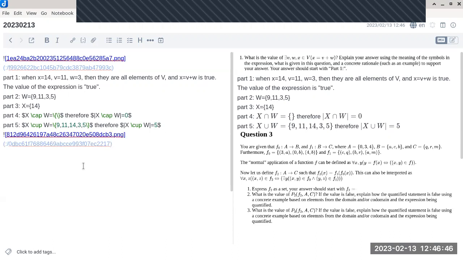So for part 1, f2 is going to be: 0 maps to B, B maps to R, and then we have 3 maps to A maps to M, and then finally we have 4 maps to B and then B maps to R. So (4, R). There we go.